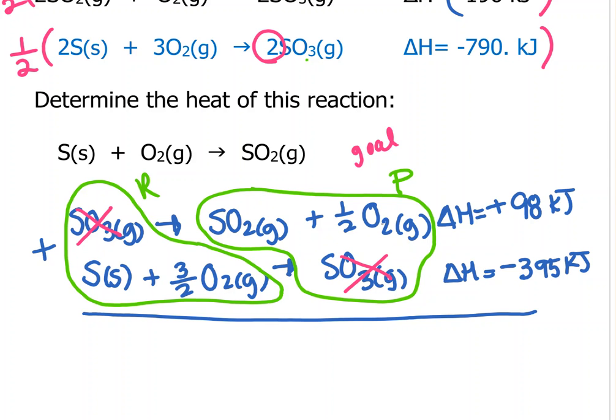Nothing else. Now I've got to deal with this oxygen. So I've got a half here, and that will cancel with one of these halves here. Or, yeah, so I'll end up with 2 halves, which is the same thing as 1. So I'll end up with a 1 there.